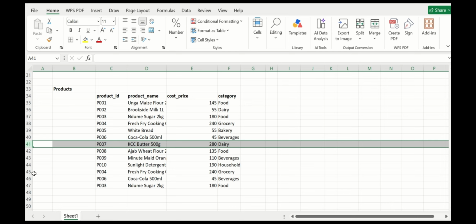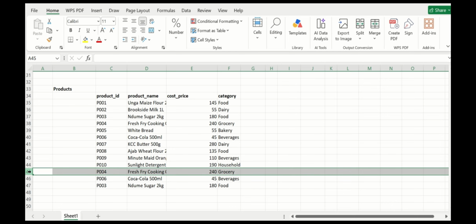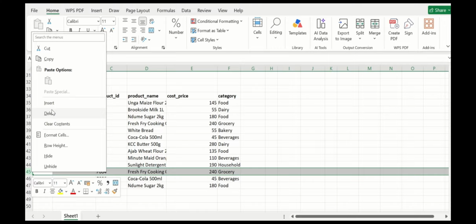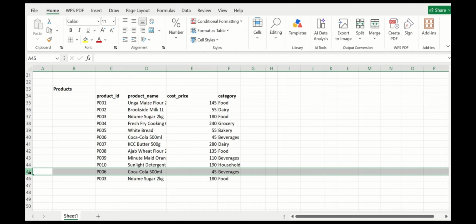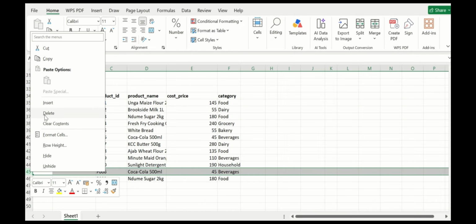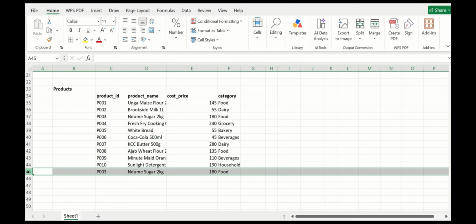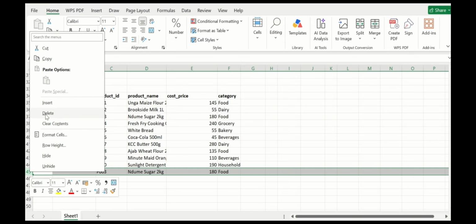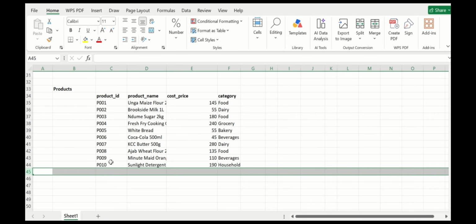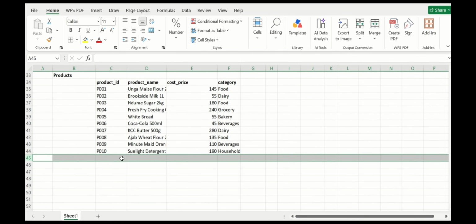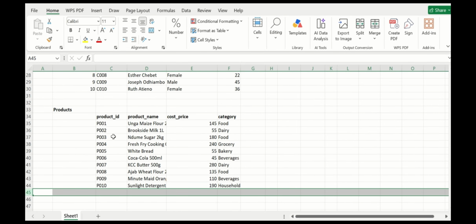And then here we have 4, delete, delete. So we have the unique products here, from product P001 up to product 010.